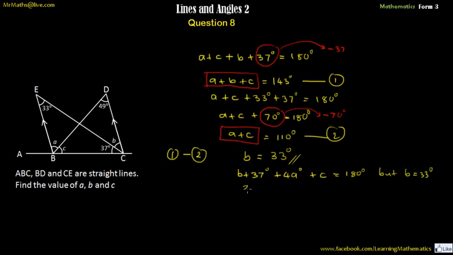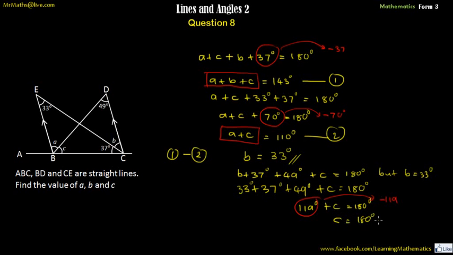Then 33 plus 37 plus 49 degrees plus C is equal to 180. Let's add up all this together. 33 plus 37 is 70, plus 49 is 119. Then 119 degrees plus C is equal to 180 degrees. Move 119 over to the left, it becomes minus 119. So you can find out the value of C. So C is equal to 180 minus 119, which is equal to 61 degrees.